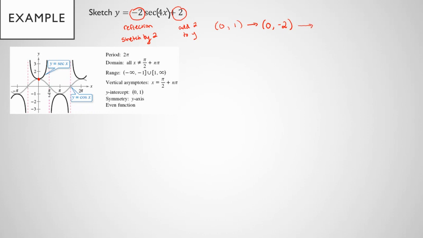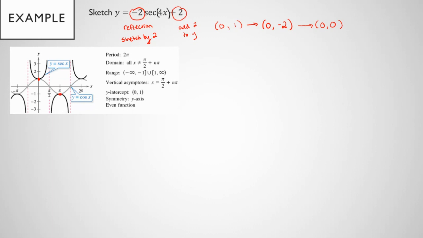And then we do the shift where we're adding 2, so that gives us 0, 0 as our new point. Transformation point, or the new starting point, is a better word than reflection. So you do your multiplication of y first and then your addition.